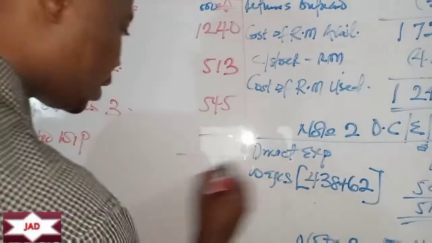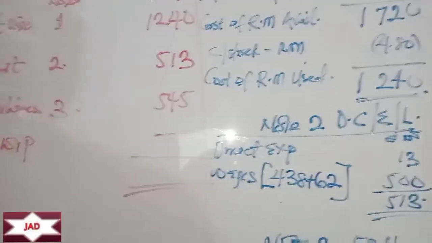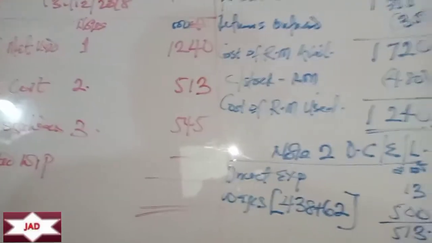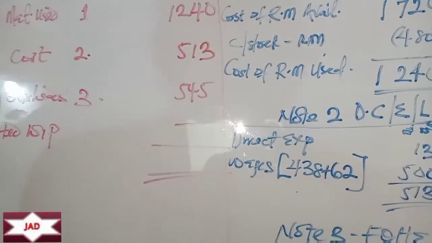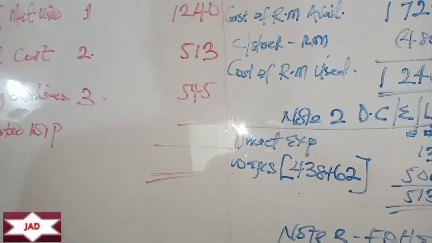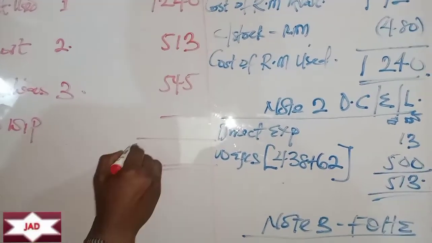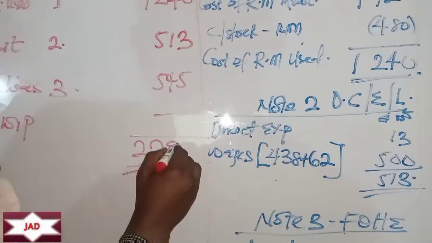So let's add up our cost. So you can use your calculator. Okay, so we have 1240 plus 513 plus 545. Okay, so this is 2298.